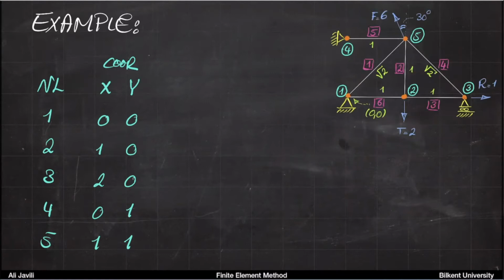So let's do that. Now in front of each node, remember we said we write their coordinates, and then after their coordinates, we would have this so-called boundary condition information.